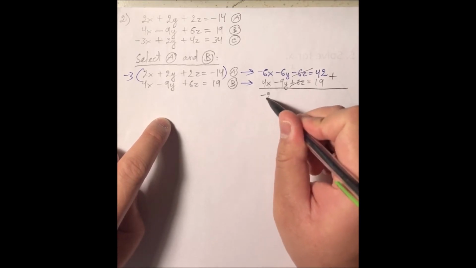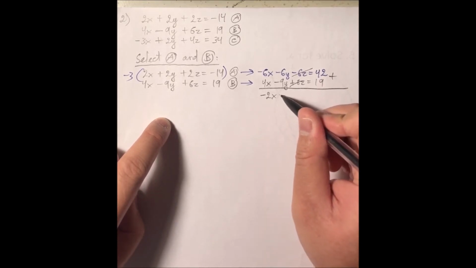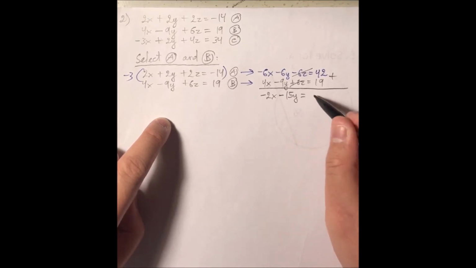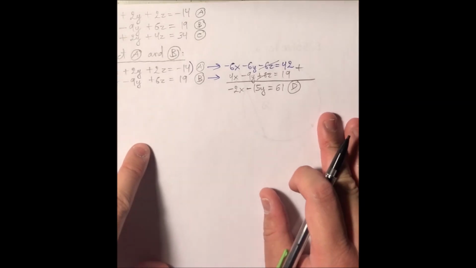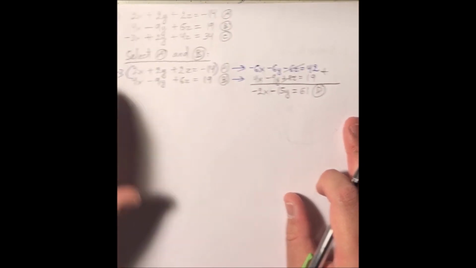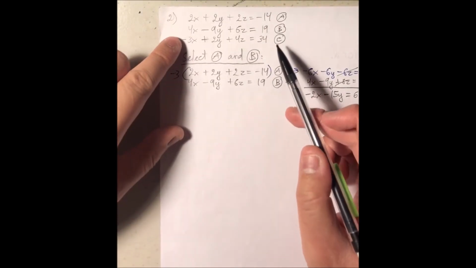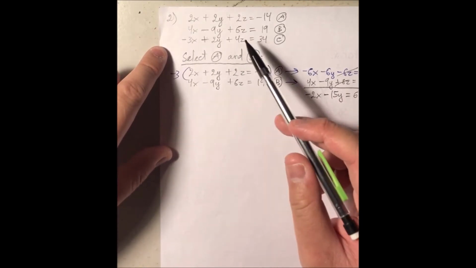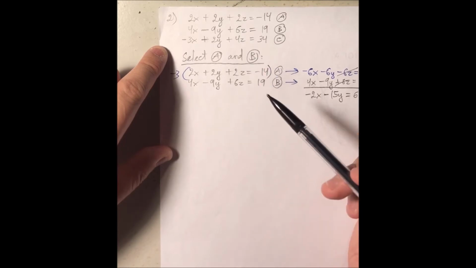So we're left with minus 2x minus 15y equal to positive 61. And I'll denote this equation by capital D. So that's the name of this equation. Now, go back to the original 3 equations and select 2 other ones and do the same thing. Eliminate the z variable.